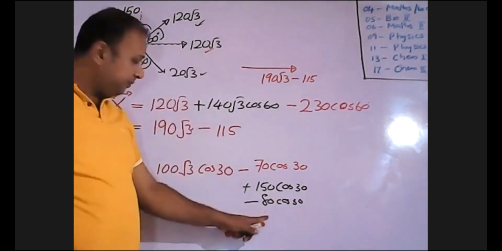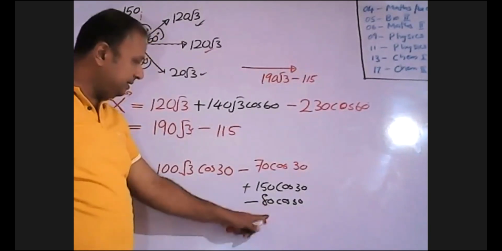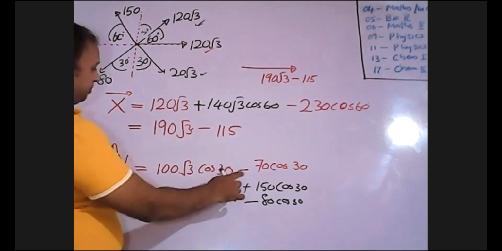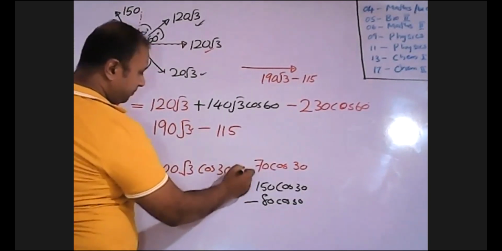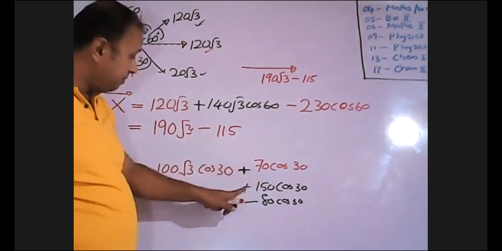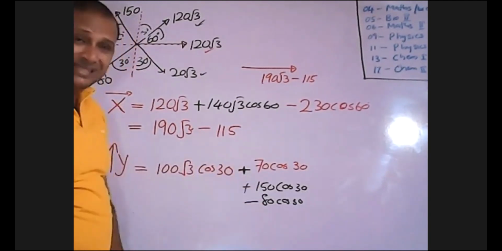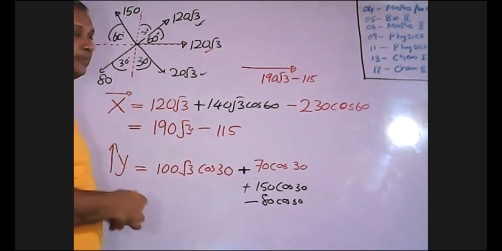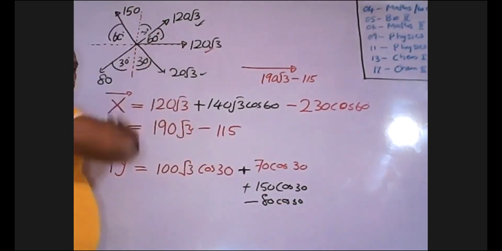Sorry, this one is plus, not minus. 150 cos 30 plus 70 cos 30. 150 is in the upper direction, therefore this is plus.